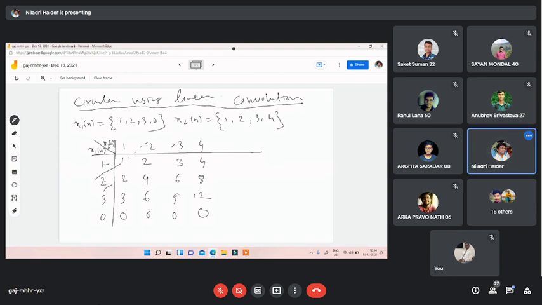Okay, from here you will get your output. How? All the values along each diagonal, which you are getting, will be added.